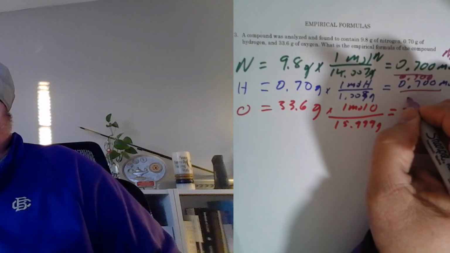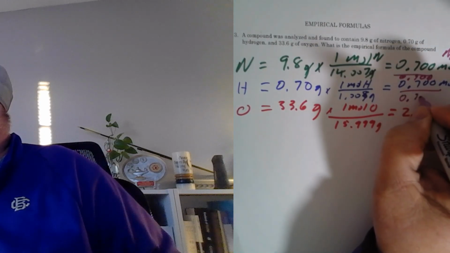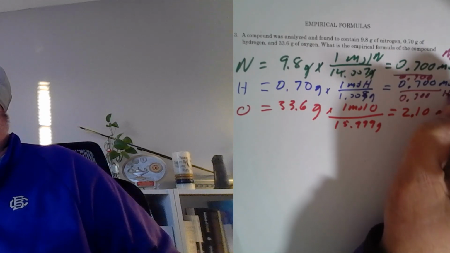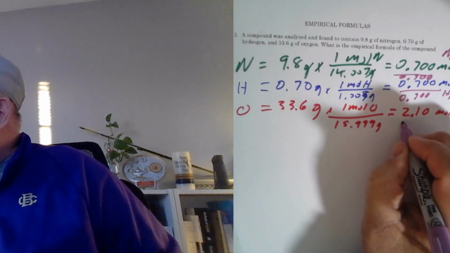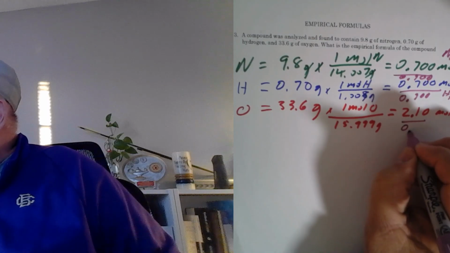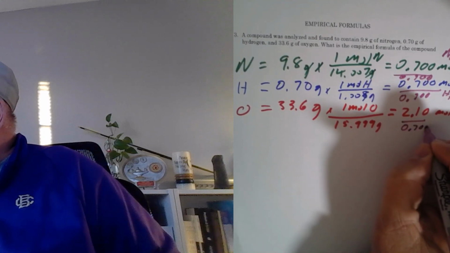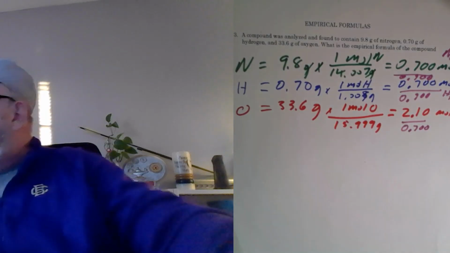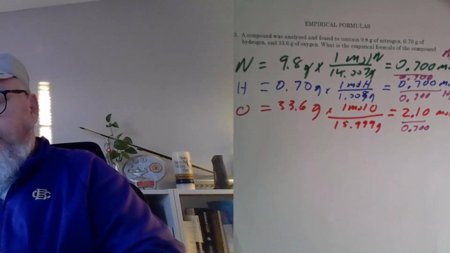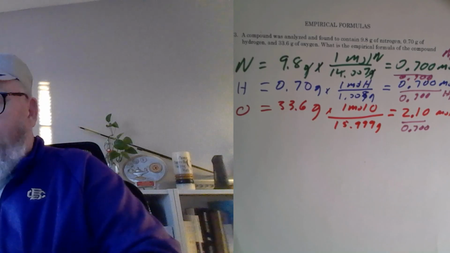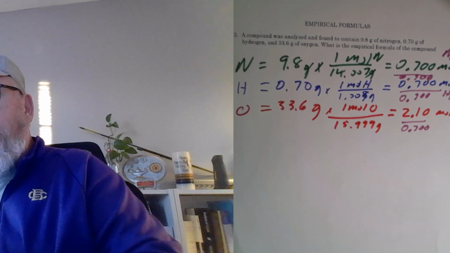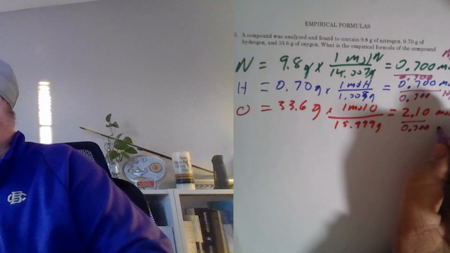I'll do the same thing with the hydrogen, 0.700, so that gives me hydrogen of 1. Then I do 2.10 divided by 0.700. Let me use my calculator to make sure. 2.10 divided by 0.7 should give me 3, and it does.